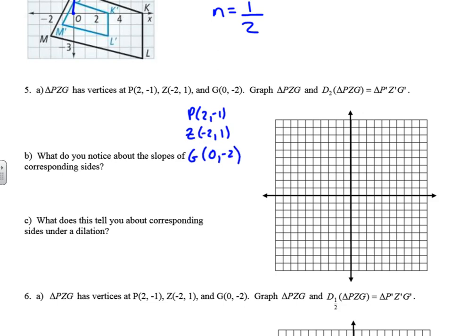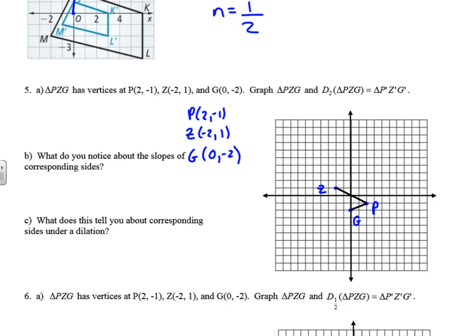Let's graph it, and then I'll talk about some of these specifics. So here's P, Z is -2, 1. Whoops, did I graph P wrong? I did. P should be 2, -1. And then G is 0, -2. So there's our triangle.